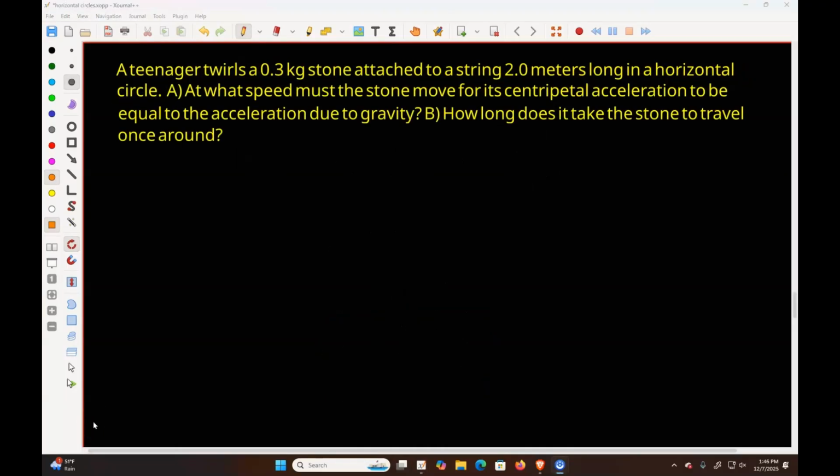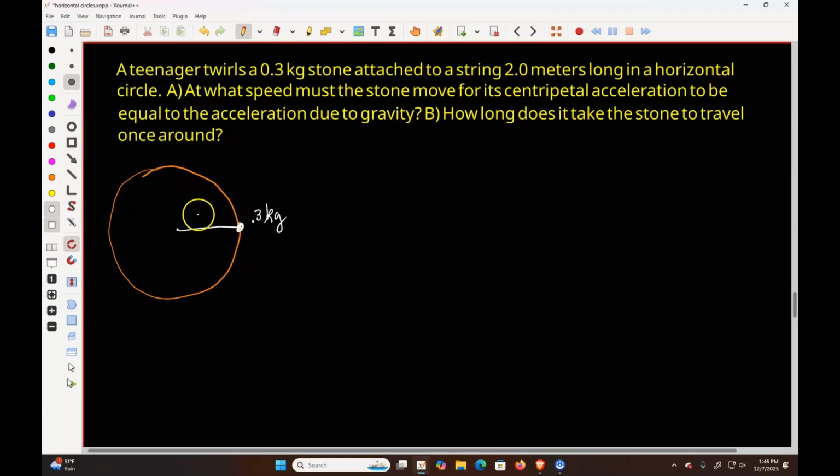In a sample problem, I have a teenager twirling a 0.3 kilogram stone attached to a string 2 meters long in a horizontal circle. 0.3 kilograms.